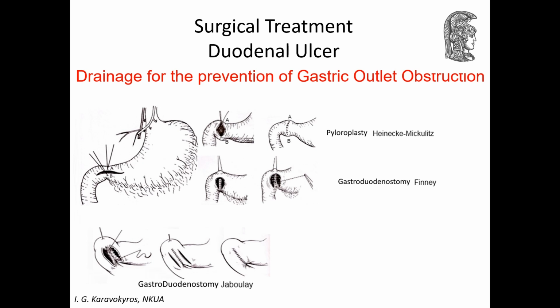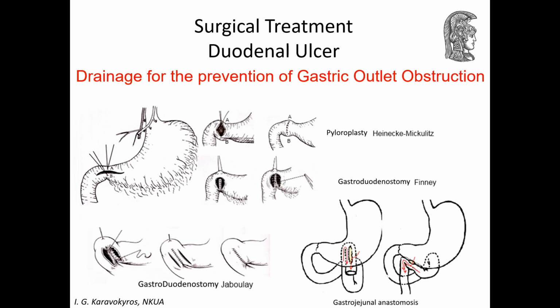However, if duodenal exploration is required, for example in a bleeding duodenal ulcer, then Finney plasty is preferable. On the other hand, if fibrosis and inflammation around the duodenum are excessive, then a gastroduodenal anastomosis offers the solution. All the previously mentioned drainage procedures prerequisite that the first part of the duodenum is amenable to surgical manipulation.